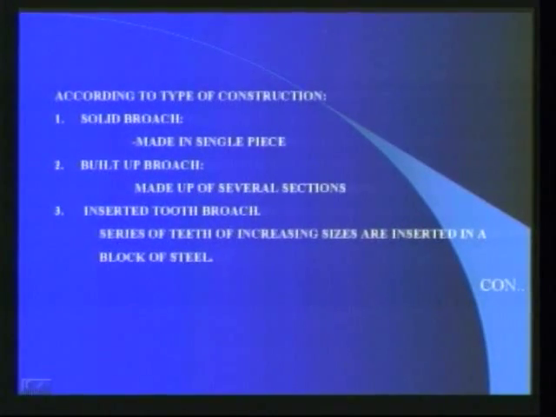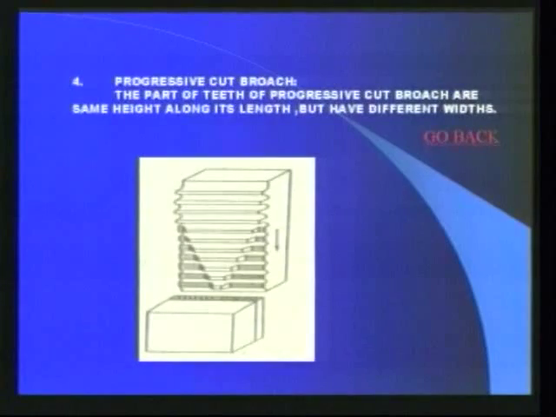Inserted tooth broaches have a series of teeth of increasing size inserted in a block of steel. Another one is the progressive cut broach. The teeth of a progressive cut broach are the same height along its length, but have different widths, as shown in the figure.